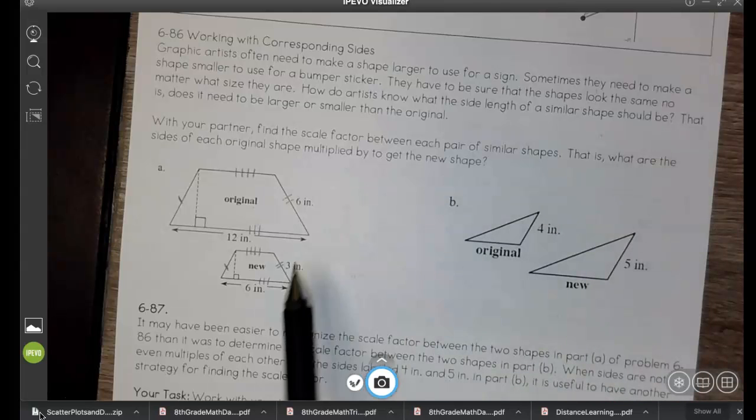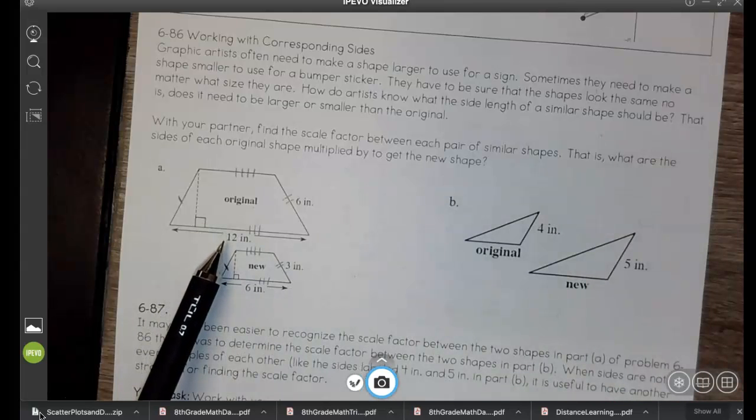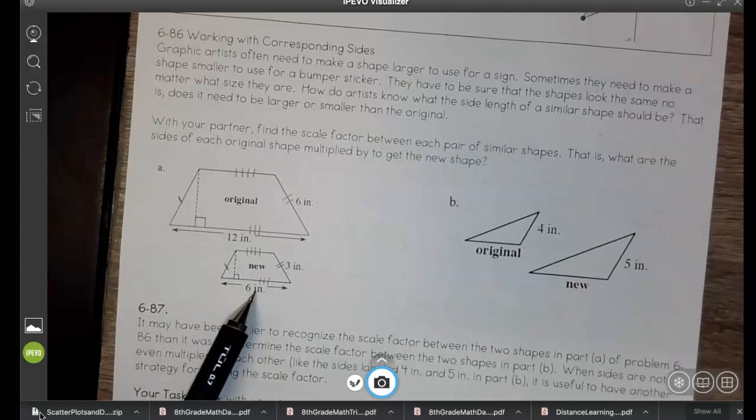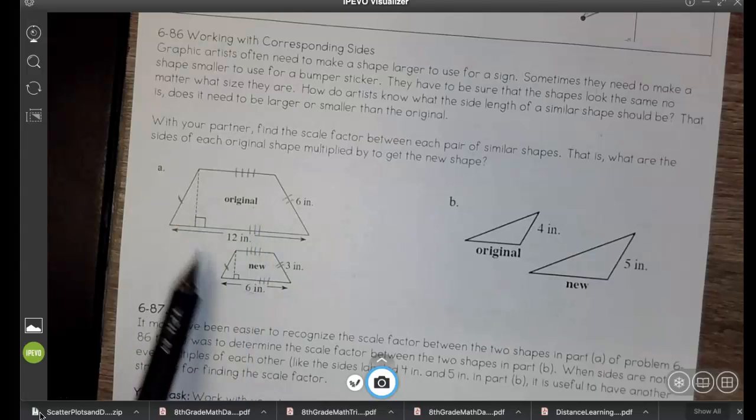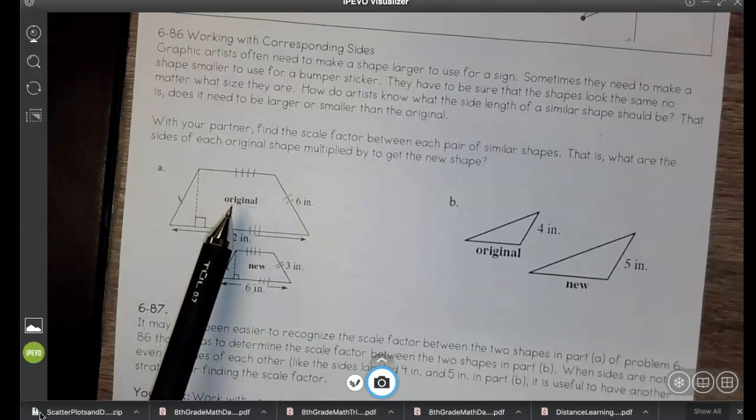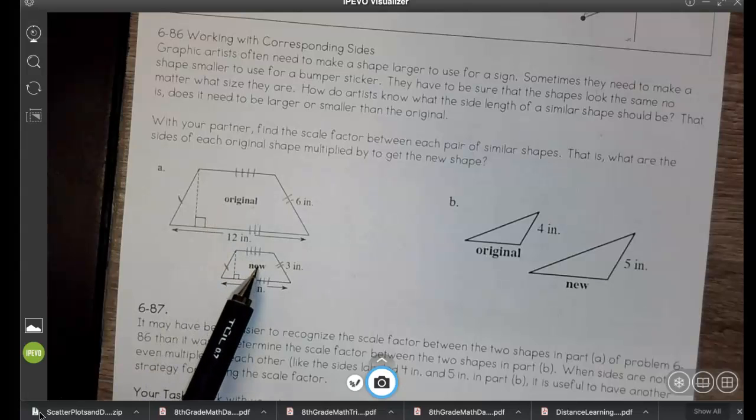Then I can see if it works for this one as well. 12 is the corresponding side to 6. So again, I know that 12 is twice 6, or 6 is half of 12. So it would make sense that I multiplied this figure by 1/2 to get the new figure.